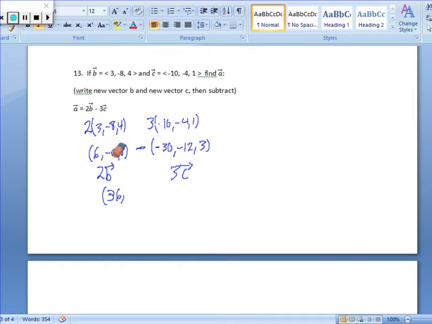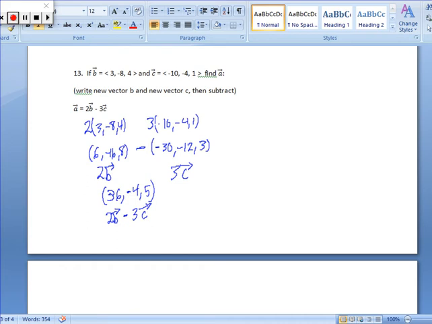Let's change that. That's supposed to be negative 16. So let's put a 16 right here. Negative 16 plus 12, that's going to be negative 4. And then 8 minus 3 is going to be a 5. So here is my 2 vector B minus 3 vector C.